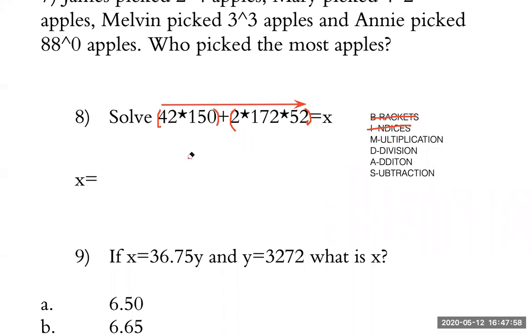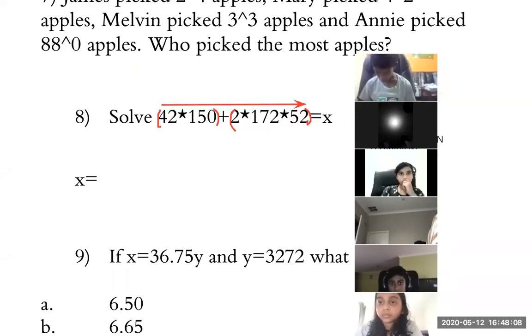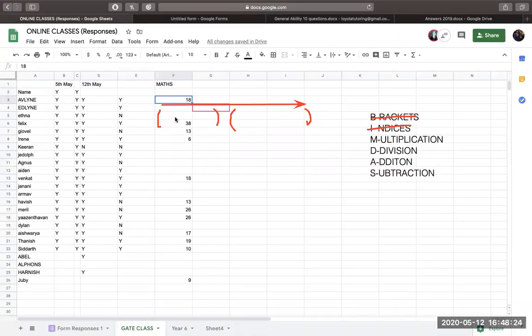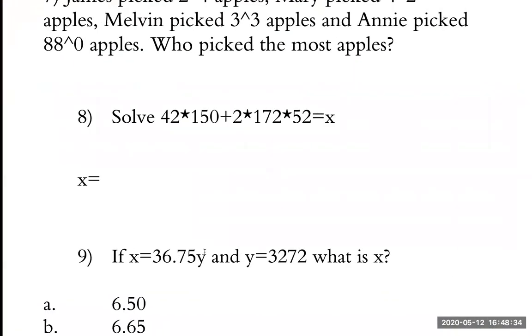Hey, Melvin. Hey, Henry. These guys have been sending all the answers in different formats. Can you just get them to send us one score? As Henry's asking, if everyone could send your maths answers as one number. Add the 2 scores from both the different sections, and you don't have to give me the total. Just give me one number. For example, Edlin, Etna, Kieran, Jadolf, Agnes, Aiden, and all these other people whose names are blank here, send the answer as one number.